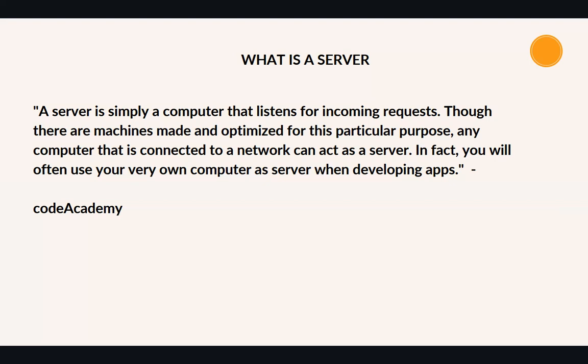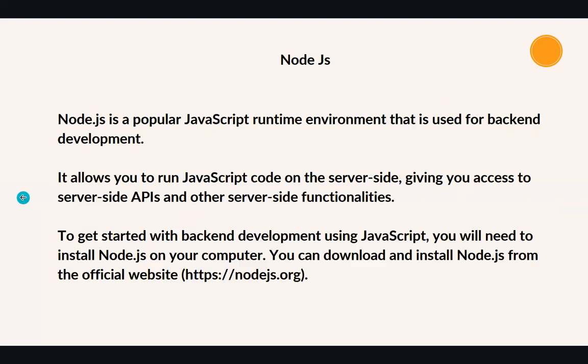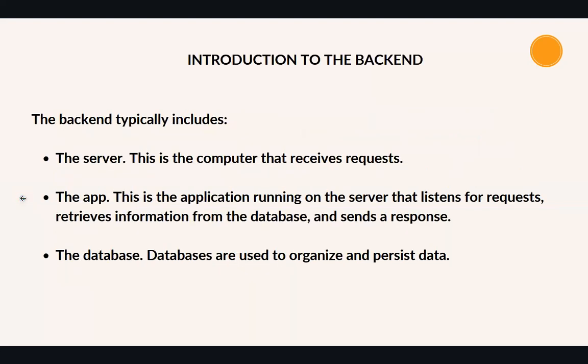So by default, the basic thing that the server is doing is listening for incoming requests. The incoming request comes, it processes it. There's usually some logic on the server that is processing these requests and then it's sending some response back. So like we said, when we talk about backend, it's usually these three things. It's usually a server, an application running on the server listening for requests and responses, and then you have the database.